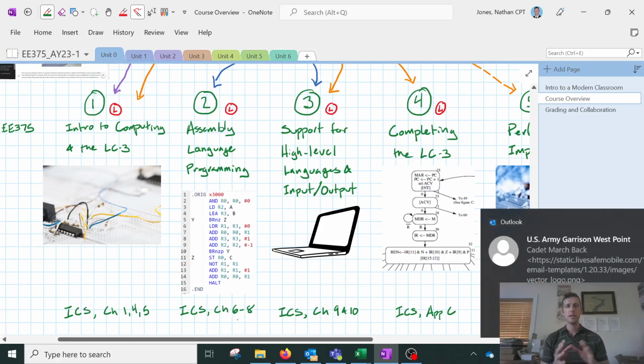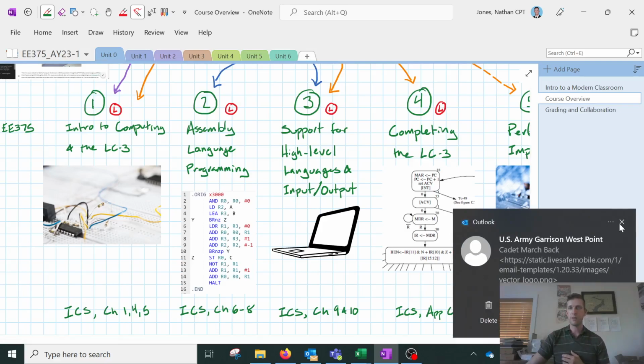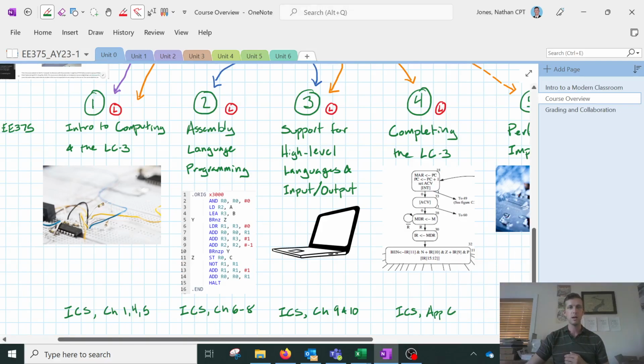In Unit 3, we're going to build off of the LC3 that we developed in Unit 1, and we're going to give it some really powerful features, notably the ability to talk to inputs and outputs. At the end of Unit 1, our LC3 can do some input and output, but we don't talk too much in depth about that.